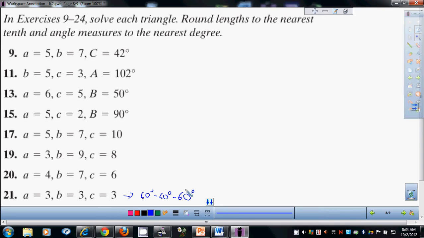Take a look. If there's one on the board that you think looks different than the others and you may like to see it worked, raise your hand and tell me. Or I'll at least set it up. 17, sure.